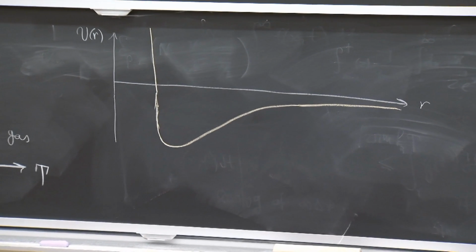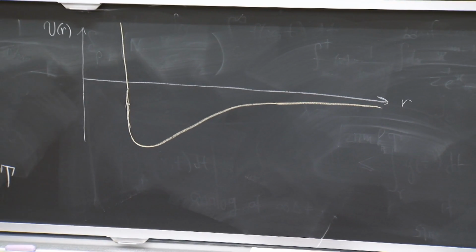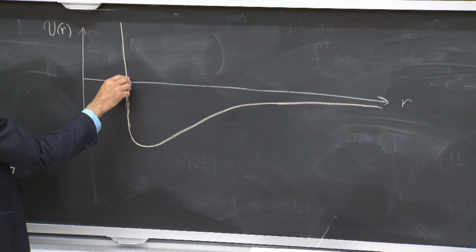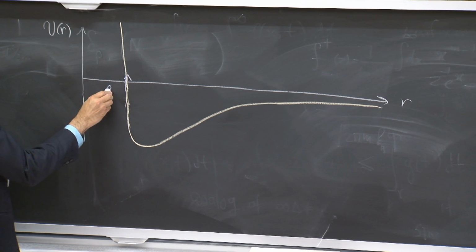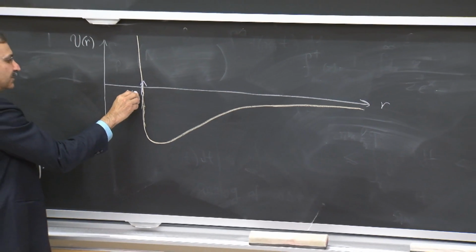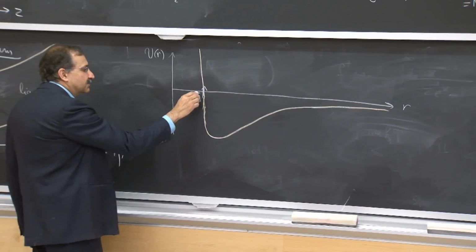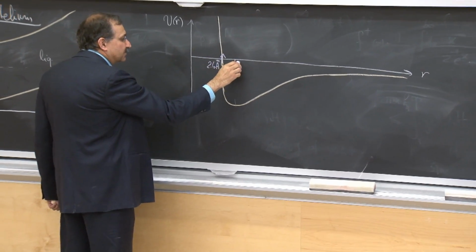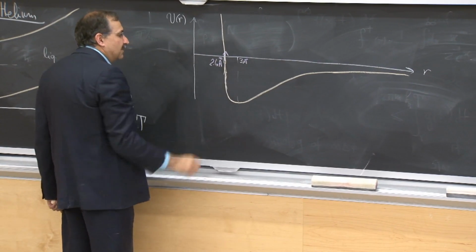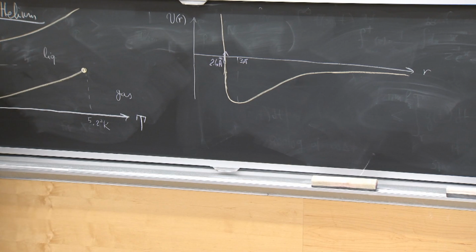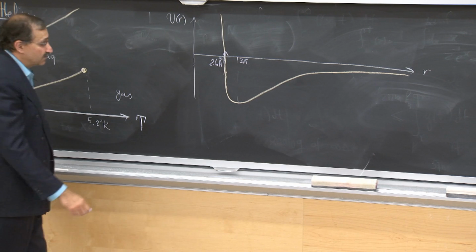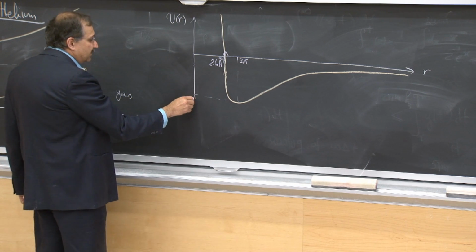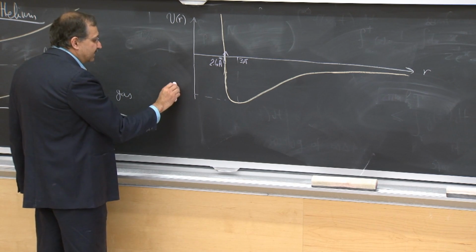And this is no different for the case of helium. You have here essentially a hard core appearing at a distance that is of the order of 2.6 angstroms. There's a minimum that is of the order of 3 angstroms. Now, the depth of this potential is not very big for helium. It is only of the order of, say, 9 degrees Kelvin.